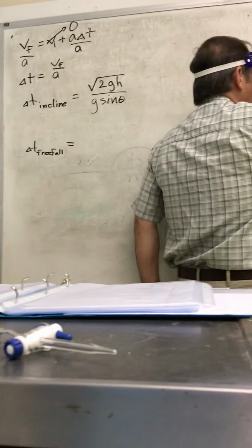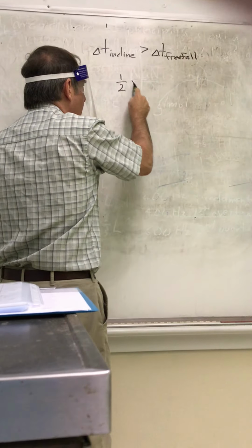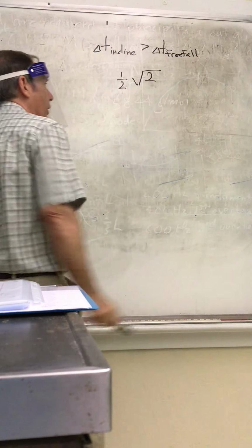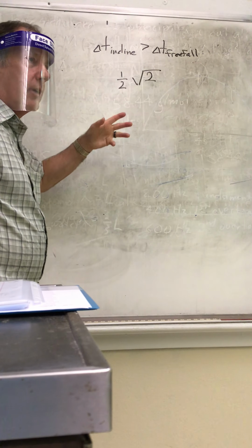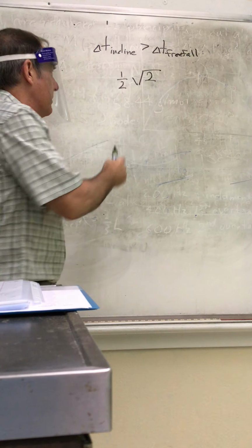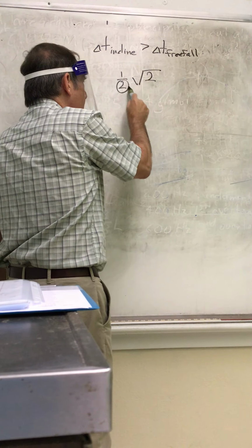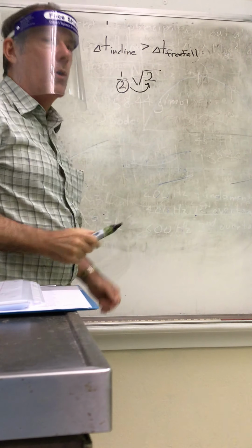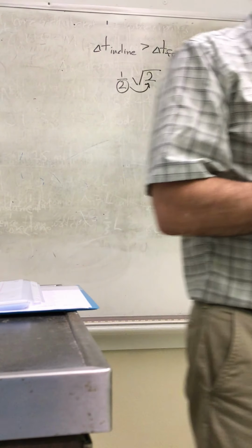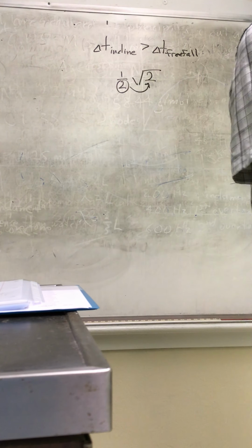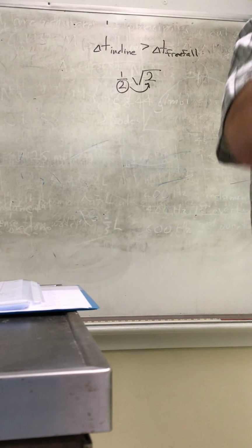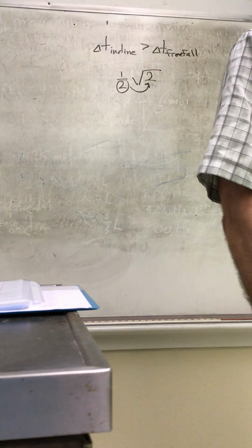If you had something like 1 over 2 times the square root of 2, this is a 2 and this is a 2, so I can maybe combine those terms somehow. If you want to bring this inside the square root sign, what do we have to do to it? This is an algebra skill that you want to have. If I want to bring it inside the square root, what do I do to it?